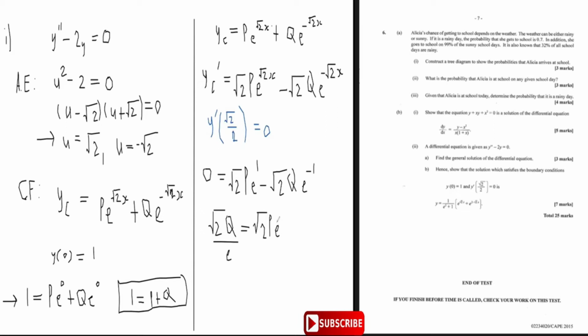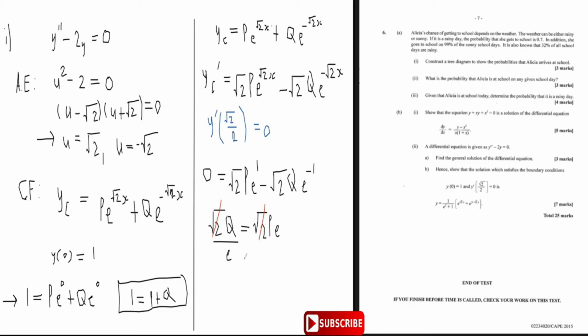Clearly, this root 2 cancels this root 2. And so the equation that I'm left with is q over e is equal to p times e.